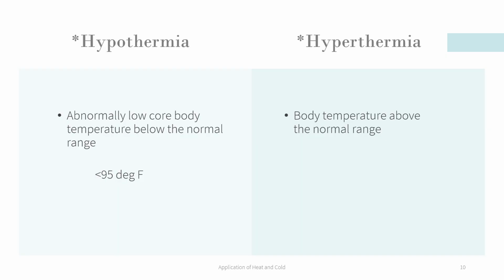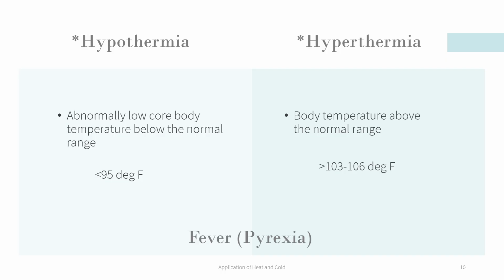Hyperthermia is a body temperature above normal. Typically, it's around 103 to 106 degrees Fahrenheit. It is not always the same as a fever. A fever, or pyrexia, is greater than 100.4 degrees Fahrenheit.